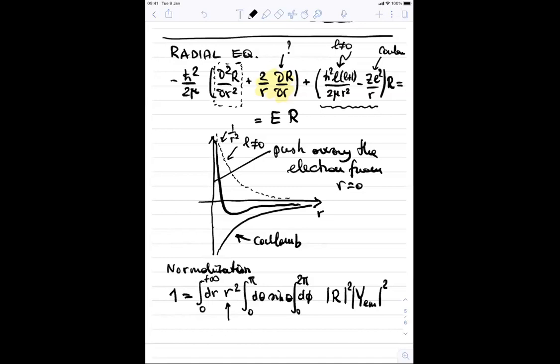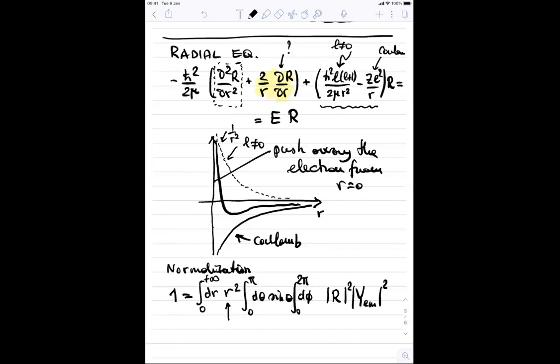Sorry? What do you mean by saying you push the electron away at r equal to 0? Well, you see that there is a repulsive potential. The potential is strongly repulsive close to r equal to 0.